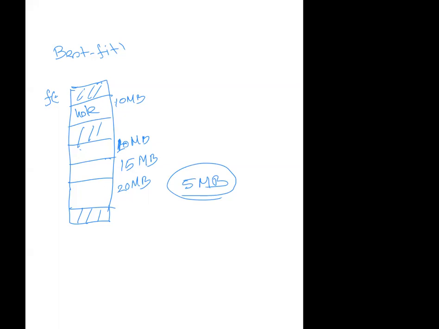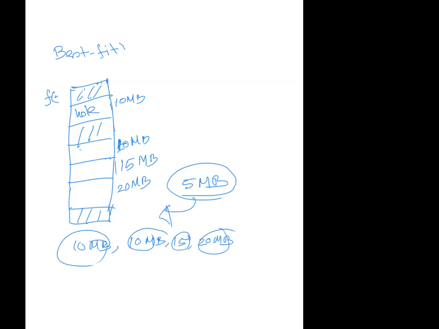At first, it searches your entire address space in your RAM, and then it figures out that there is a 10 MB hole, another 10 MB, a 15 MB, and a 20 MB hole. All are suitable to fit this 5 MB process, because the process size is less than all of these hole sizes.